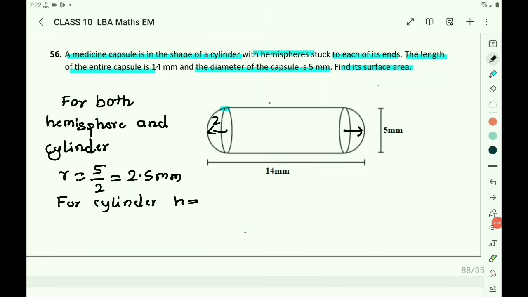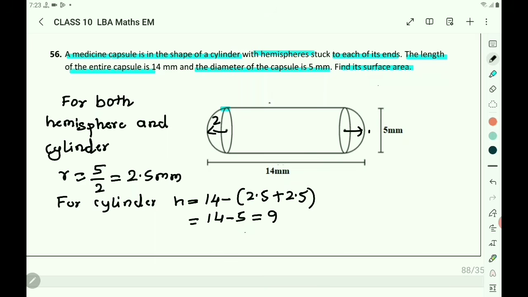Then h is equal to 14 minus 2.5, radius of this hemisphere, plus 2.5, radius of this hemisphere, equals 14 minus 5 equals 9.